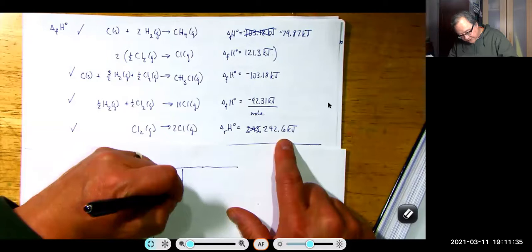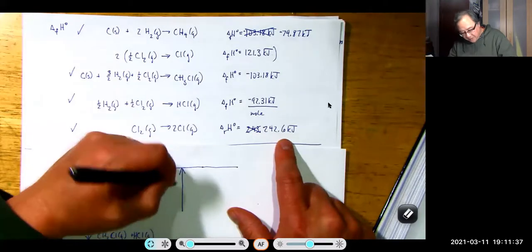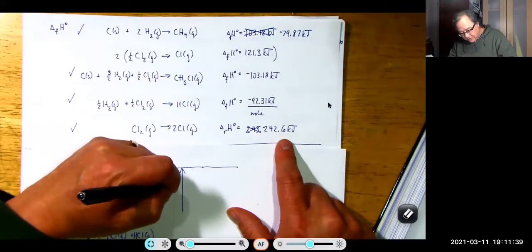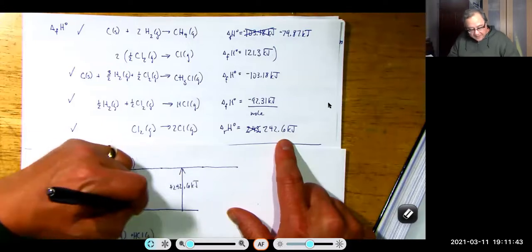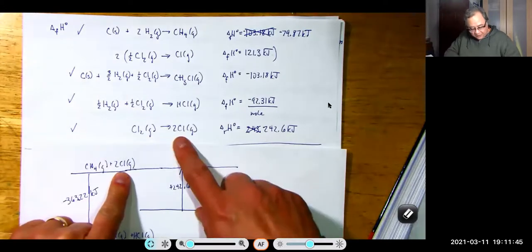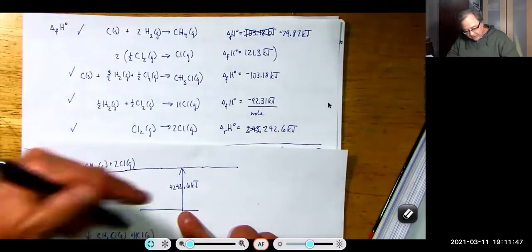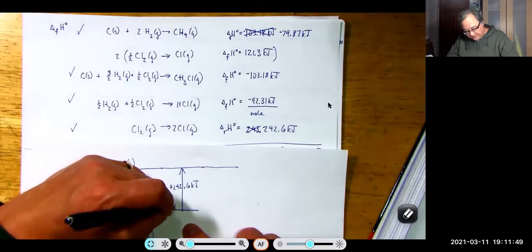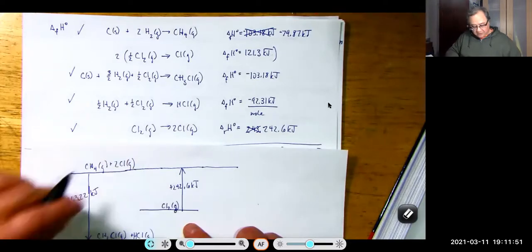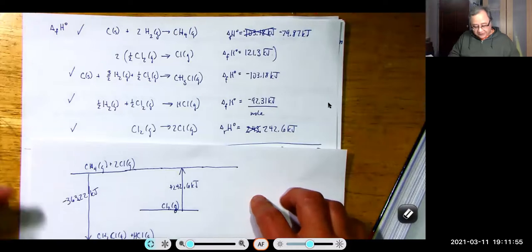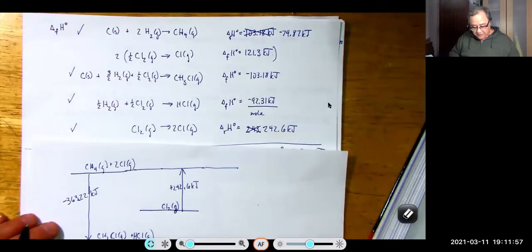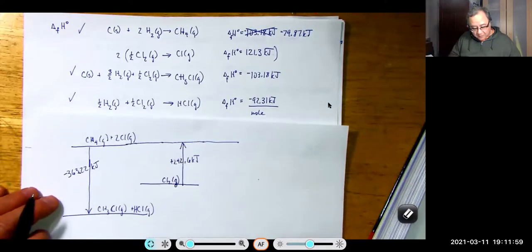I'm going to do this, and that's positive 242.6 kilojoules, and I'm making my 2Cl gas. What do I start with? Cl2 gas. So now I've tied in 2 of my equations together. So I'm going to move this on up and I'm going to see what more I can do.